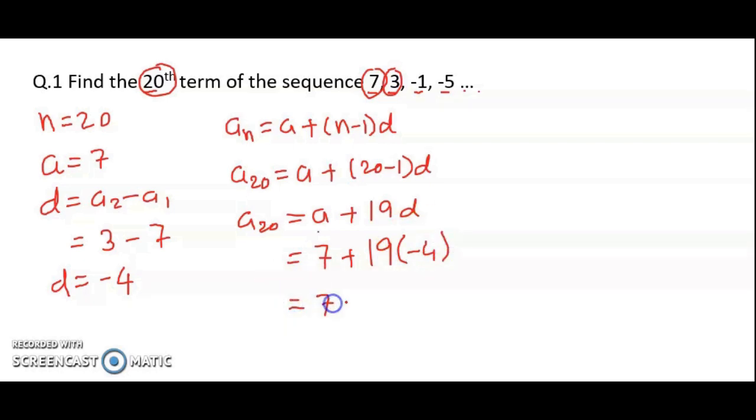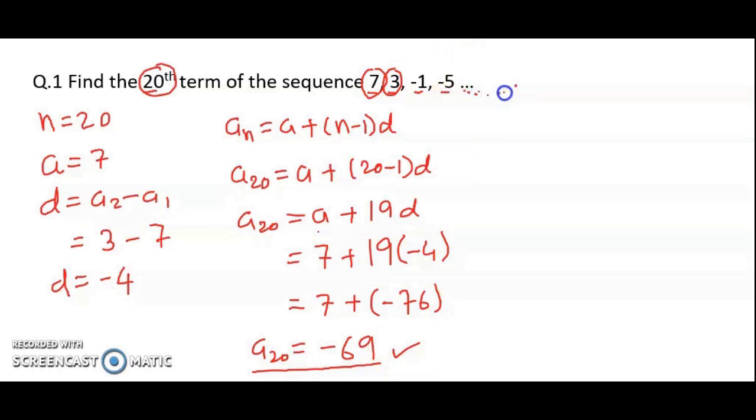If you simplify this, 19 multiplied by minus 4 will be minus 76. So we get the 20th term of the AP equal to 7 plus minus 76, so 7 minus 76 is equal to minus 69. Minus 69 is the 20th term of the given arithmetic progression.